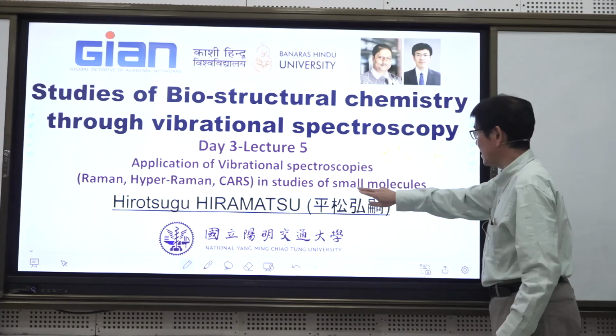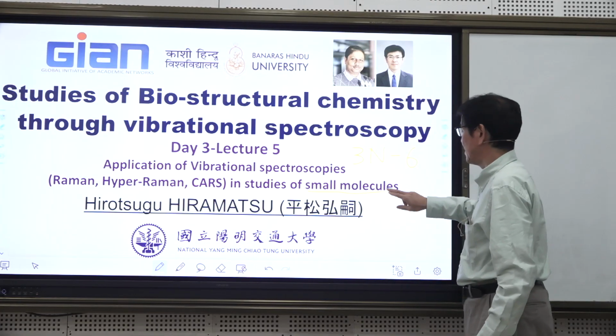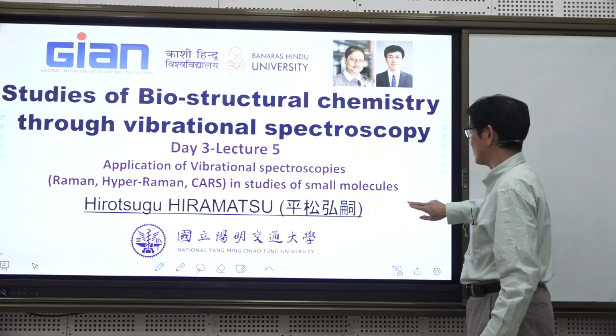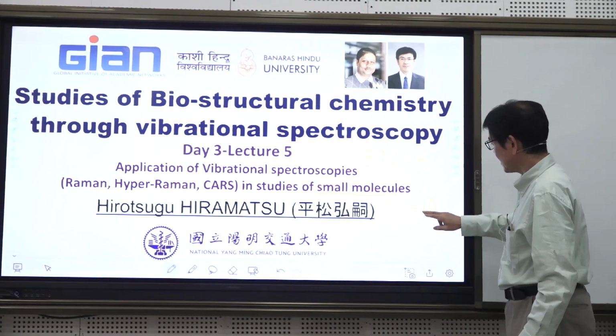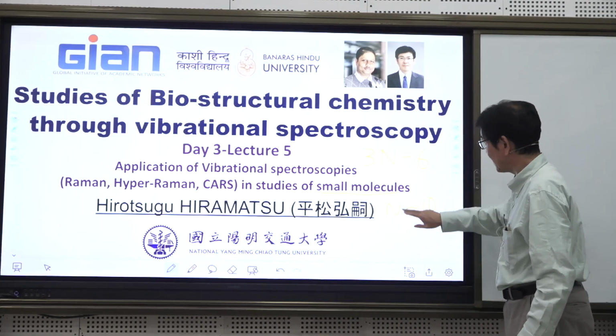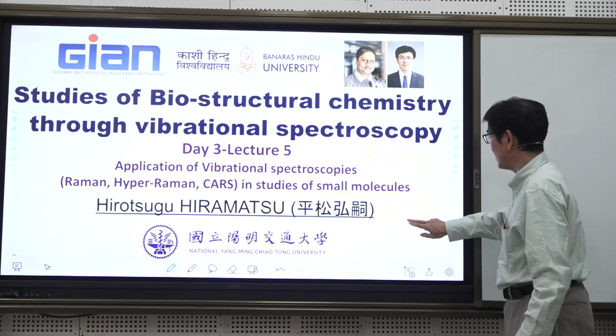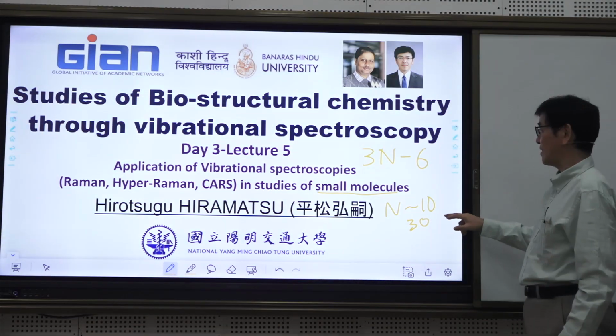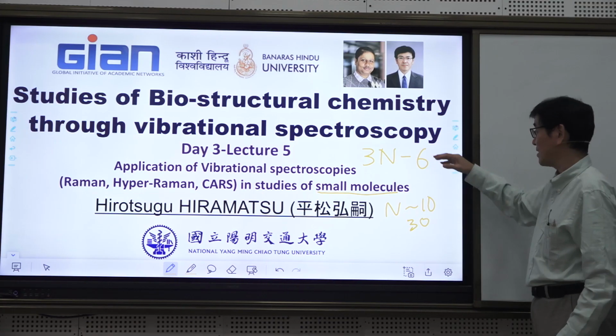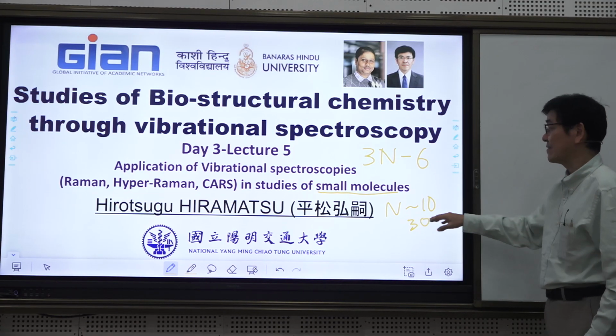So in the case of small molecules, let's consider n is equal to 10, order of 10. Then this number should be close to 30, exactly speaking, 24, but nearly 30.